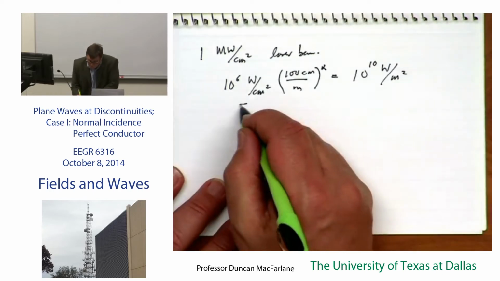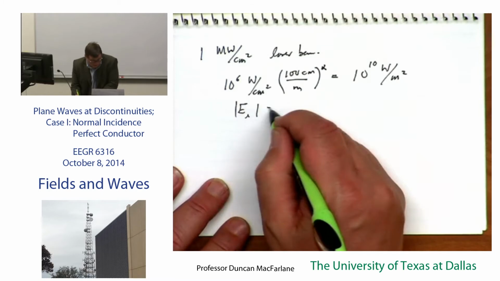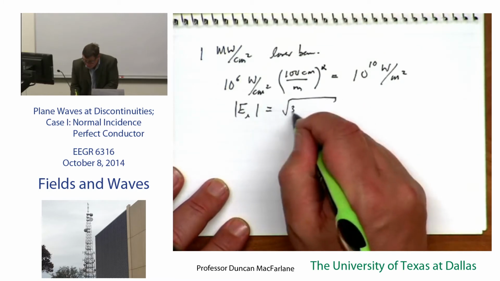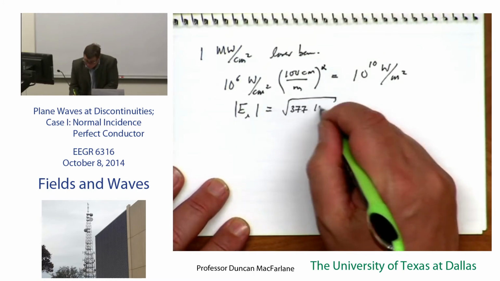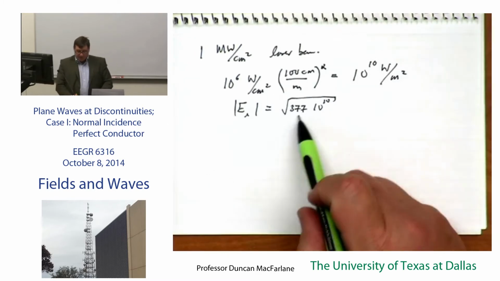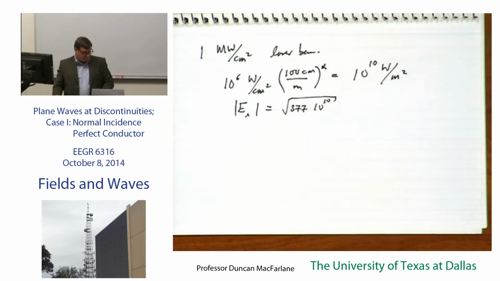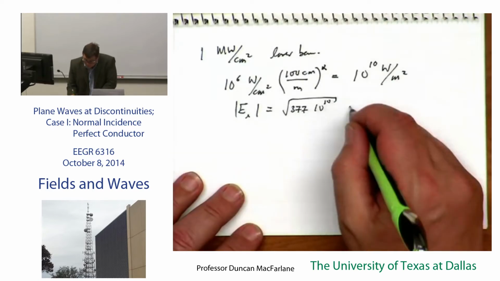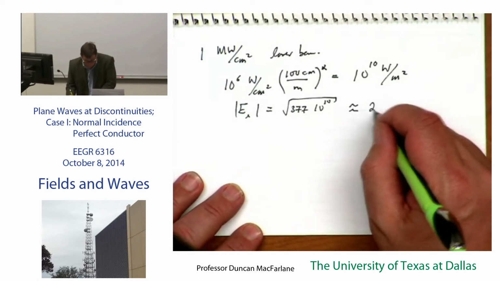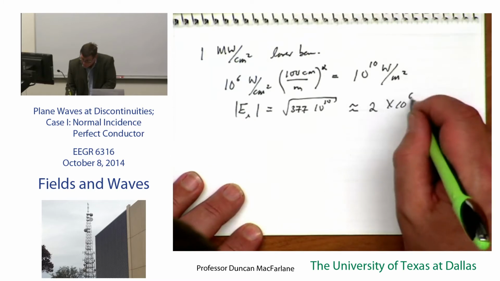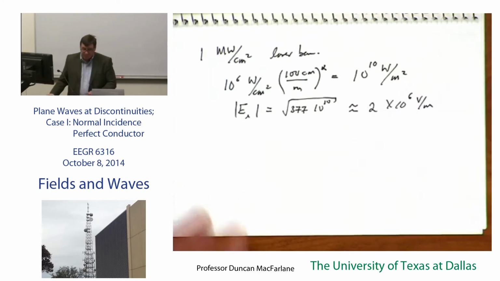The electric field in free space, multiply through by eta, 10 to the 10th. And that's something along the lines of 2 times 10 to the 6th volts per meter.